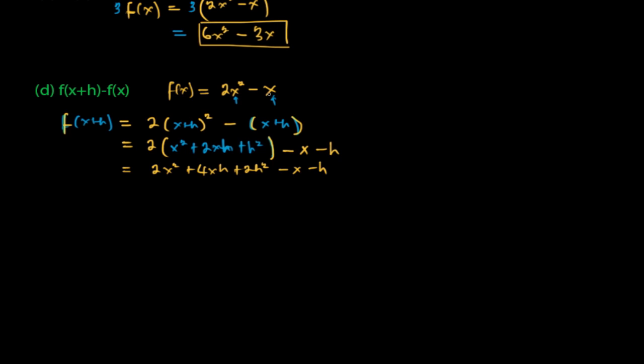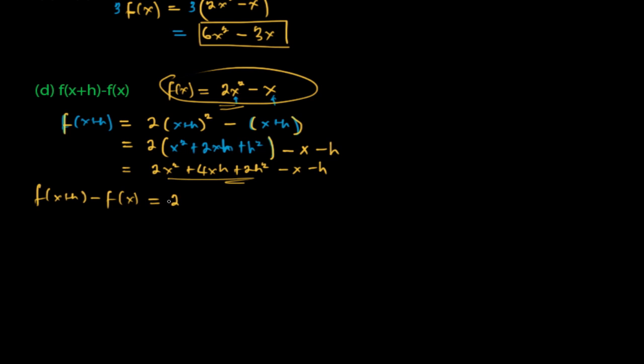And then we recall that this is our f of x here. So this is my f of x, this is my f of x plus h. So therefore, f of x plus h minus f of x is going to be my value here minus my value here.